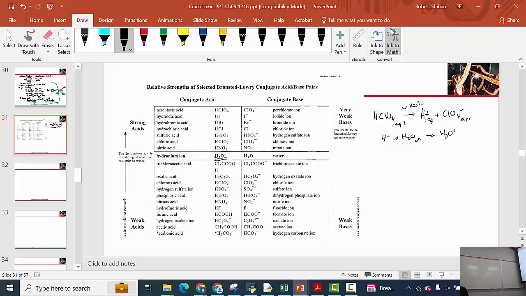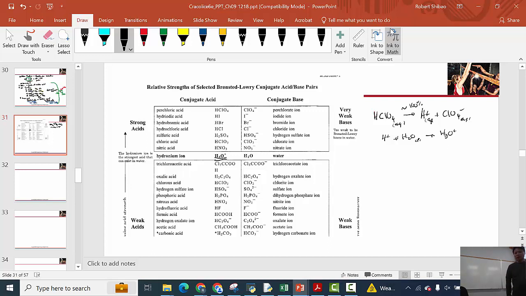The hydronium is a result of H+ attacking water, that's all. How much hydronium you have is going to be dependent on how strong the acid is. Strong acids, you have lots of hydronium, because all these are strong electrolytes. Strong electrolytes break apart completely. Weak acids partially ionize. And the stronger the weak acid, the more hydronium. The weaker the weak acid, the less hydronium. And so you get less and less hydronium as you get weaker and weaker.